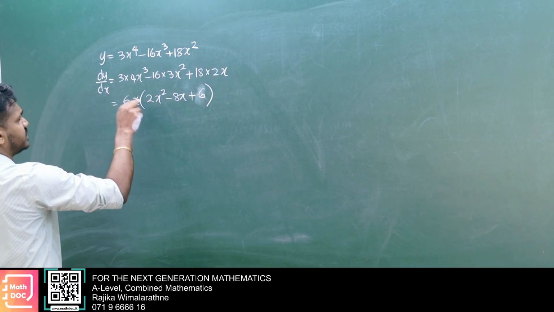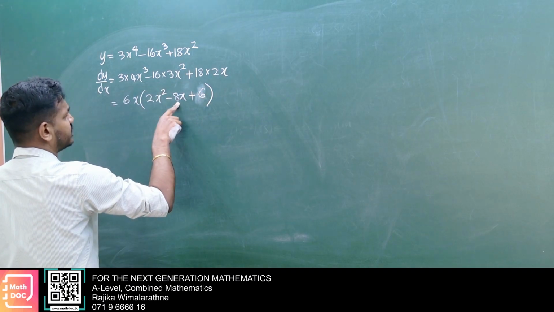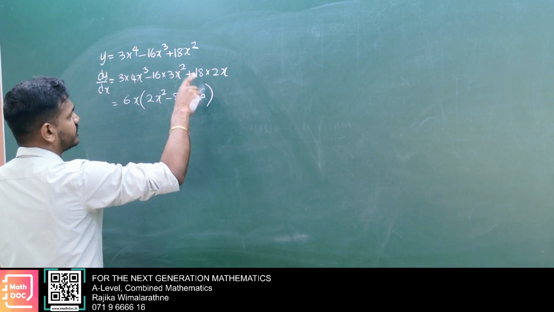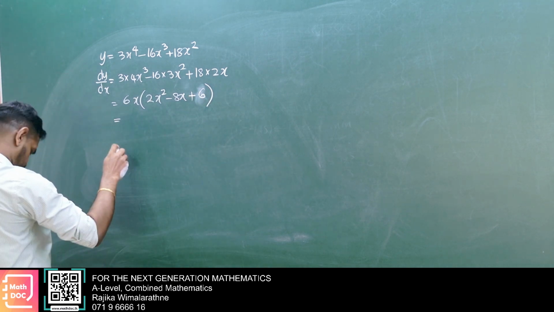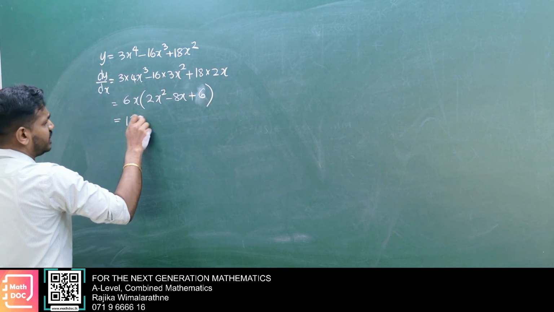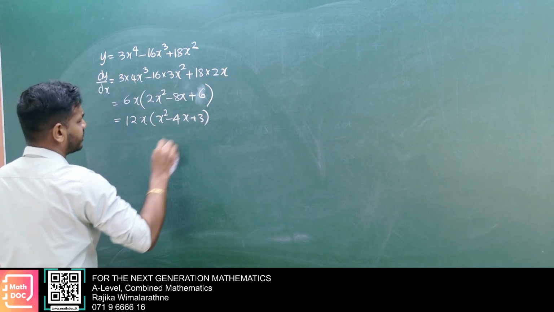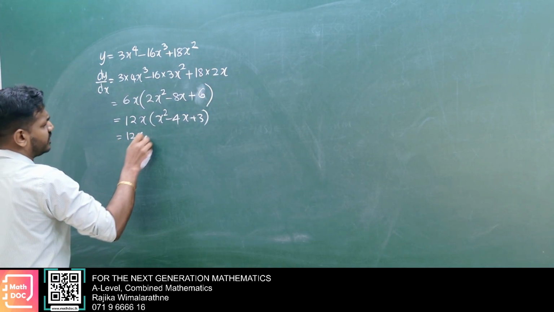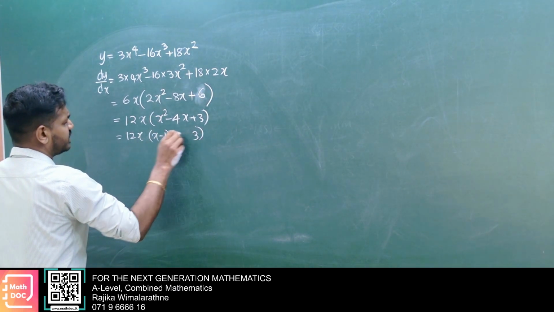Again 2 is common: 12x times (x squared minus 4x plus 3). The factors are x, x, 3, 1, minus, minus.